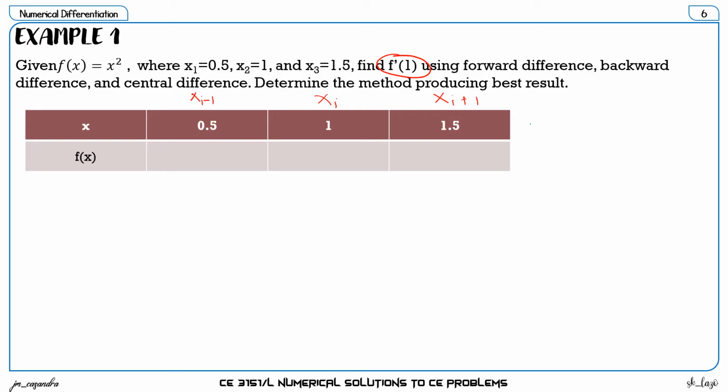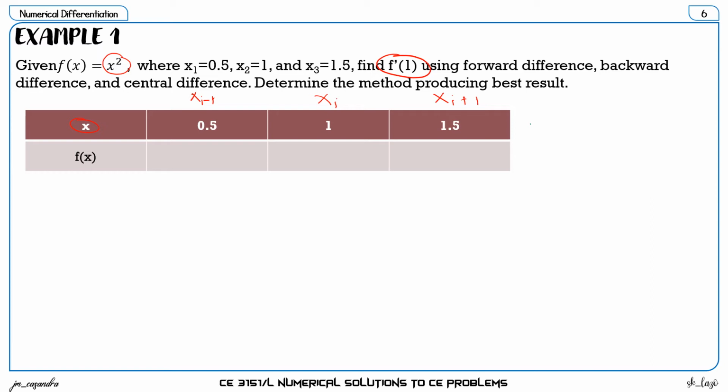Before we start with our forward, backward, and central difference, we solve first for f of x. Using this equation and the values of x, just substitute the values of x in our equation.